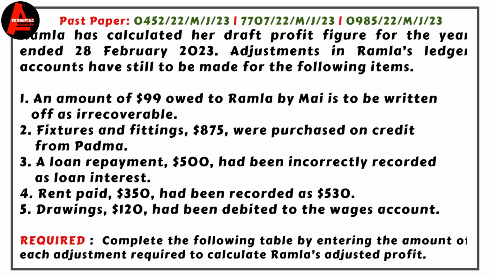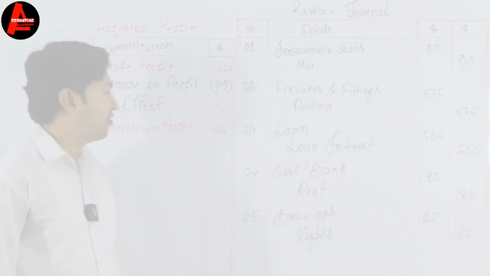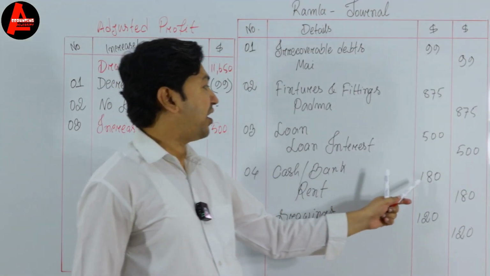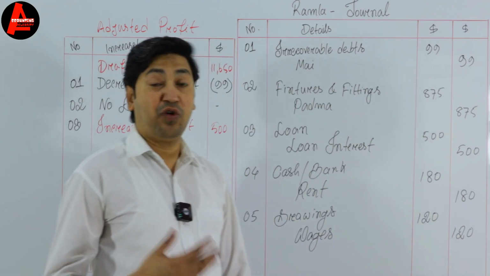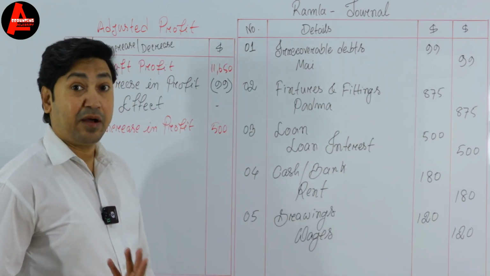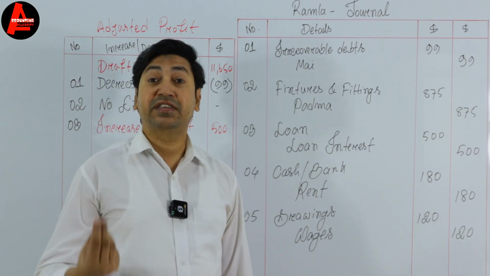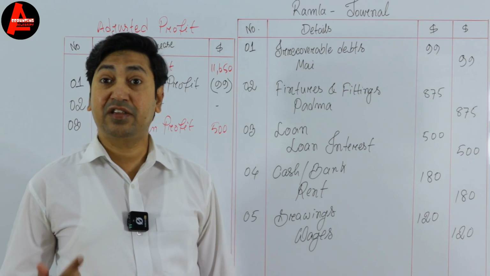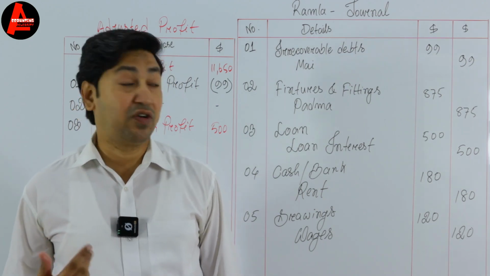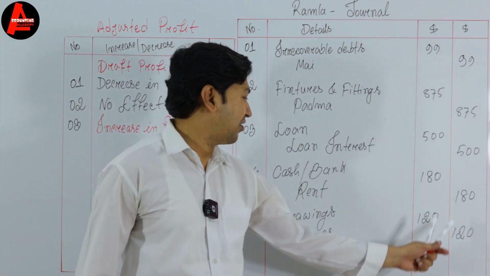Number 4: rent paid $350 had been recorded as $530. So we wrote cash or bank to be debited $180 and rent credited $180. How 180? The correct amount was 350 but it was mistakenly written as 530, so 530 minus 350 equals $180.